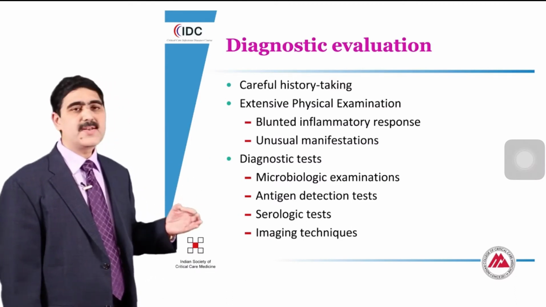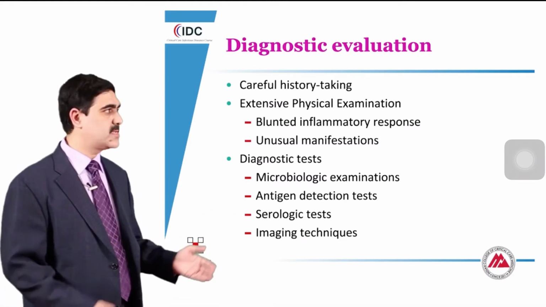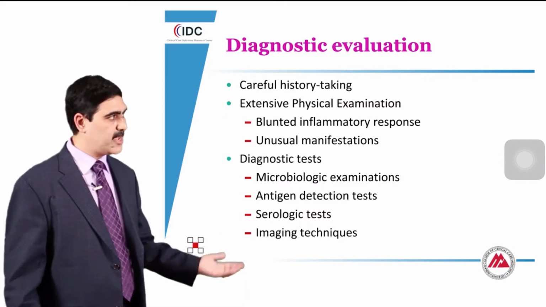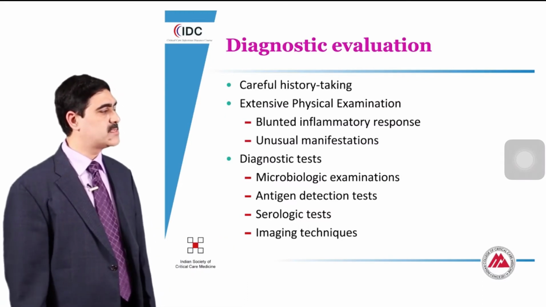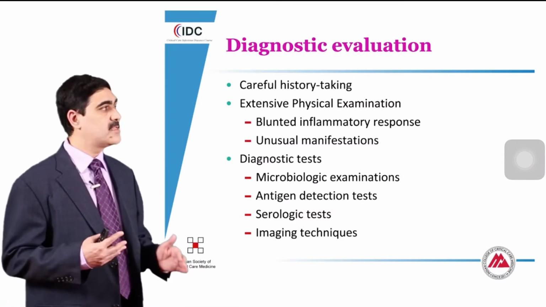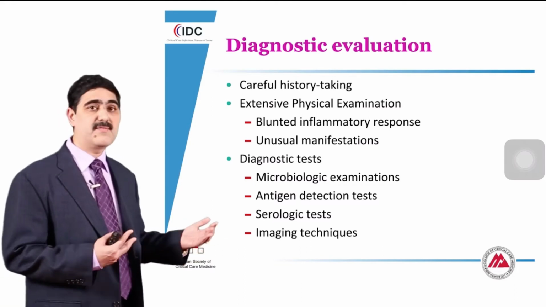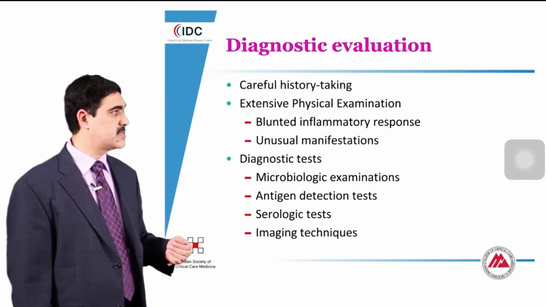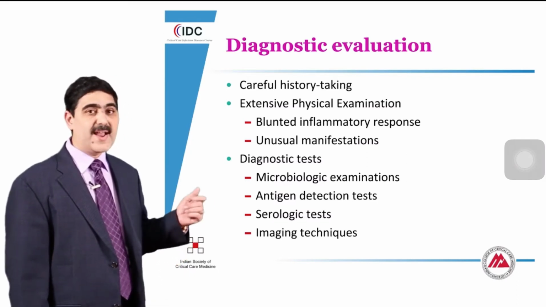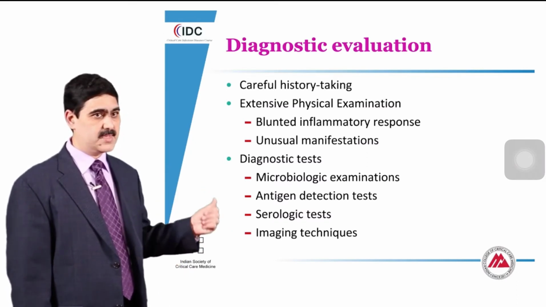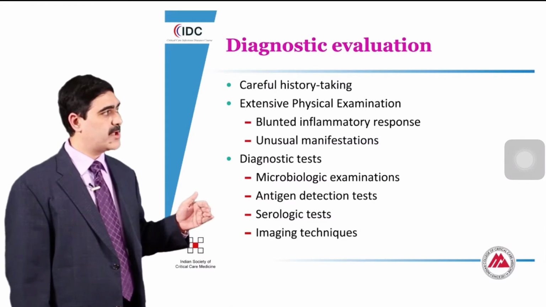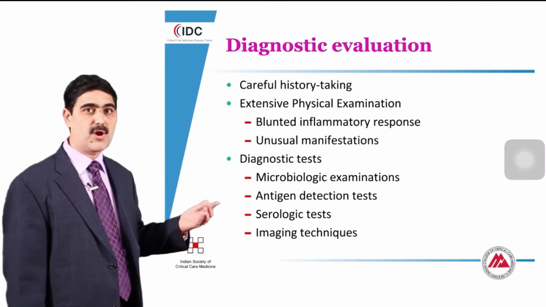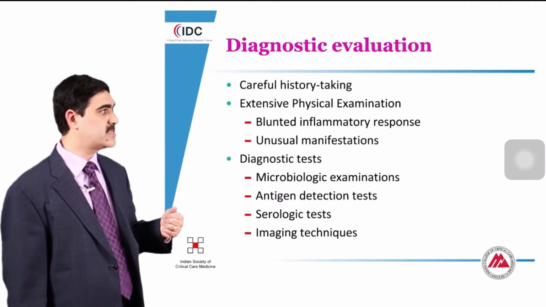And when we order the diagnostic tests, and I will stress on this in a further slide once again, yes, we need to order the appropriate microbiological examinations, but remembering that the positivity may be less than 50% of the patients, and we may be isolating rarer organisms. We need to do antigen detection tests, and this needs to be stressed over and over again, because when they are immunosuppressed, they may not mount an antibody response, and a lot of the times you may need to do antigen detection tests.